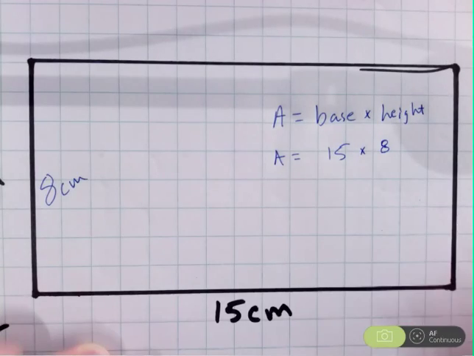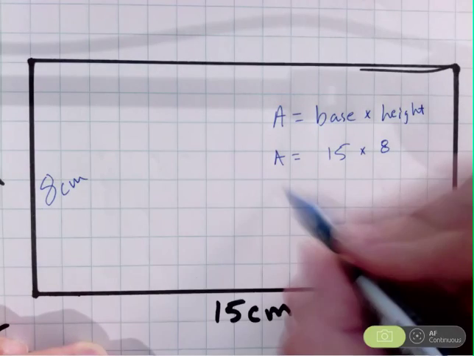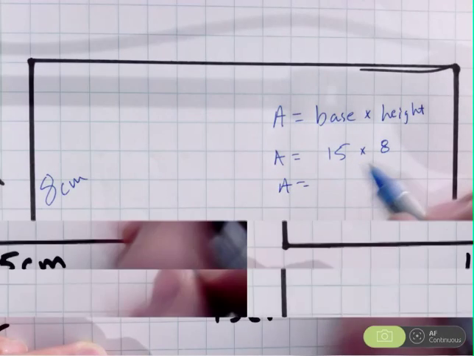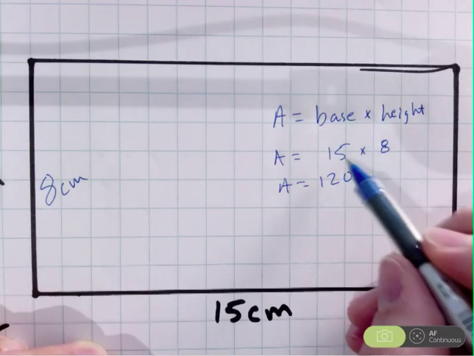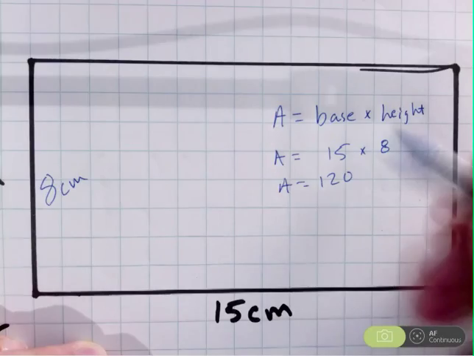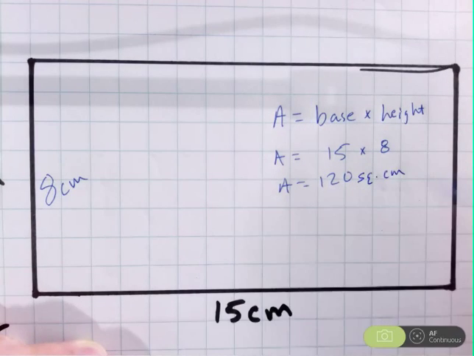Okay? We'll break this down into 15 times 4 twice because that's how I do the math in my head. Anyways, 15 times 8 is going to be 120. If you need to break that down, 15 times 4 would be 60, and then there's 2 of those. So this is going to be 120 square centimeters.